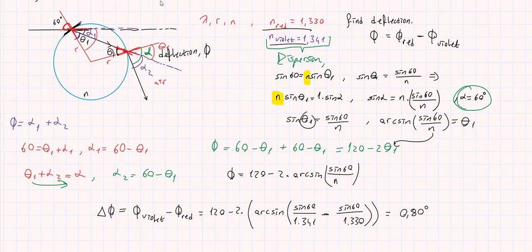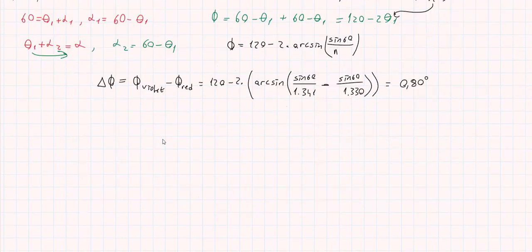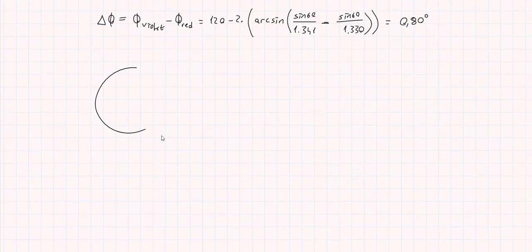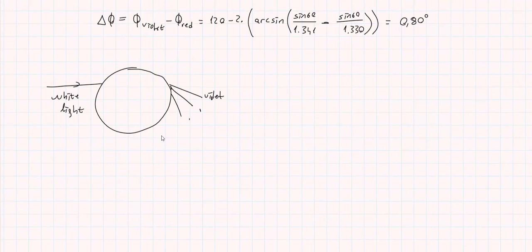What does that mean? If I have this raindrop and strike it with white light, which is polychromatic white light, let's draw it below. The light will disperse, which means that it will separate into its components, and I will have, let's say, violet in here and red in here.